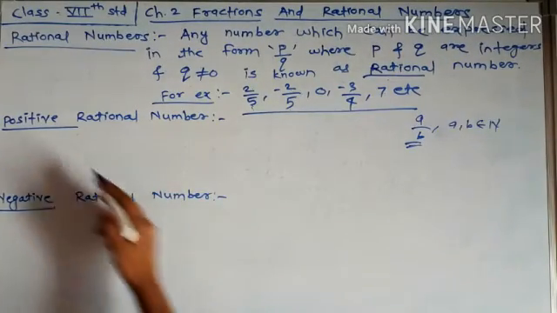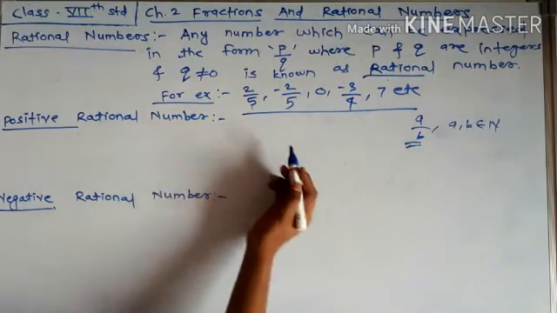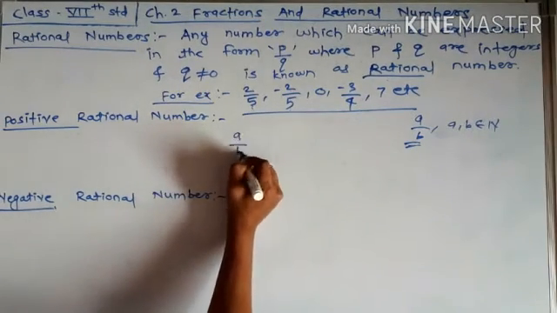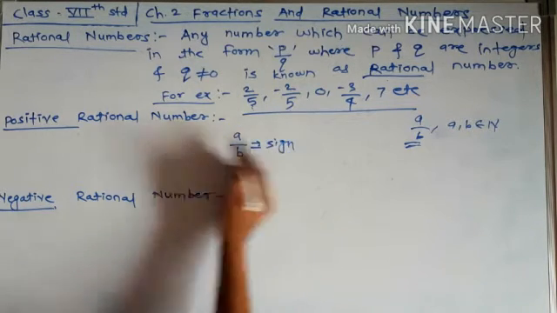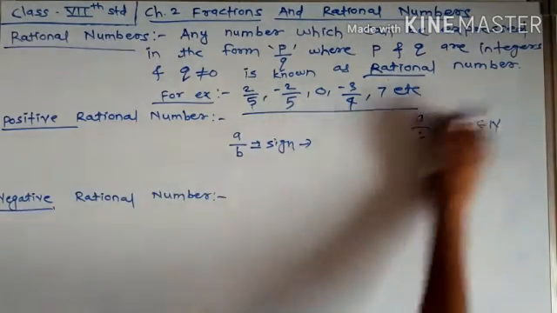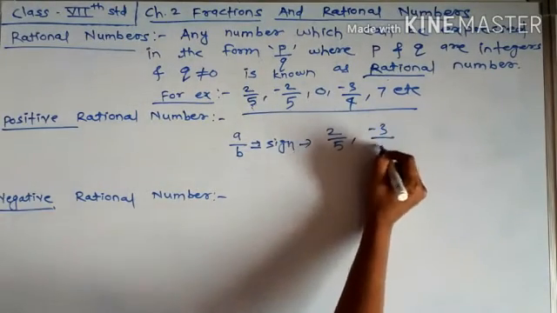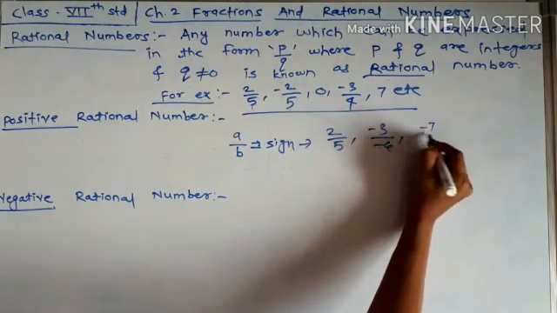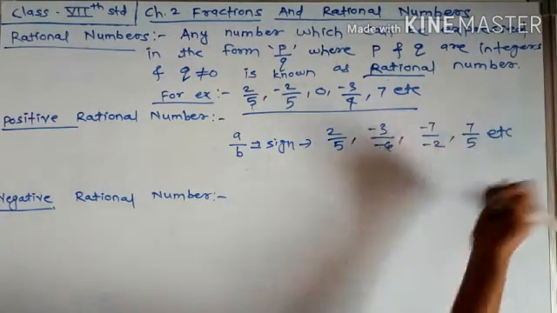The next is the positive rational number. The rational number in which both numerator and denominator have equal sign is called a positive rational number. For example, 2 upon 5, minus 3 upon minus 4, minus 7 upon minus 2, 7 upon 5 and so on.